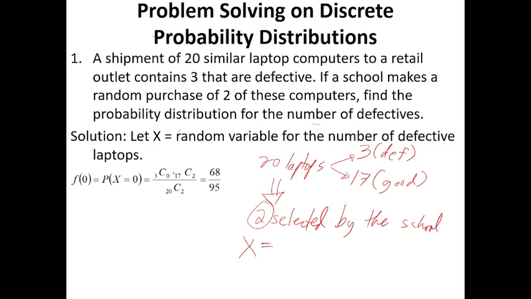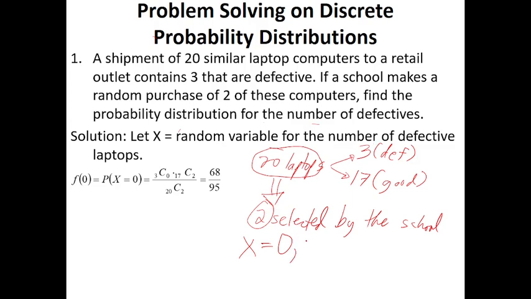Sa dalawa na yon, ano yung mga possibility? 0 defective. That's a possibility. Doon sa 2 laptop, posible na walang defective yung makukuha, because we have 20 laptops all in all at 17 doon ay good. So yung 2 na yon, pwedeng good lahat. Ibig sabihin nun, 0 defective yung makukuha.